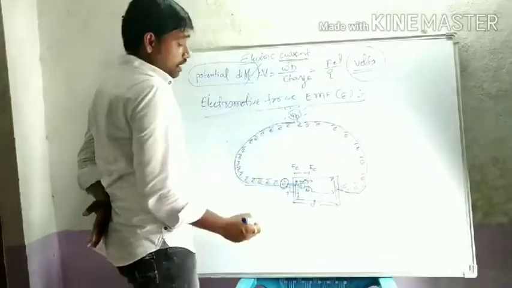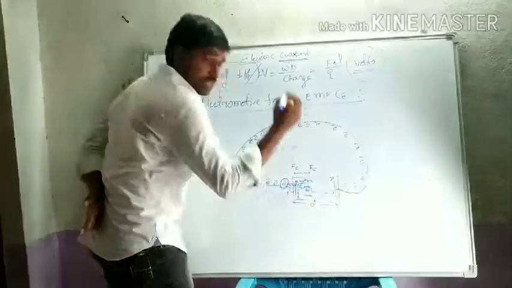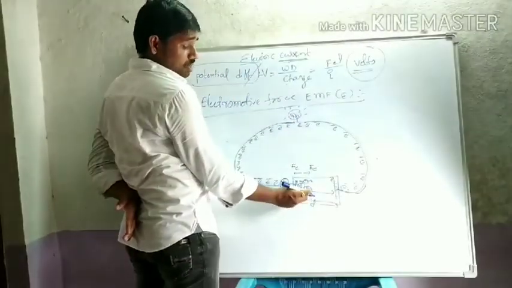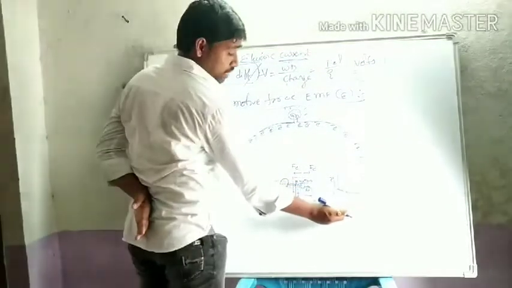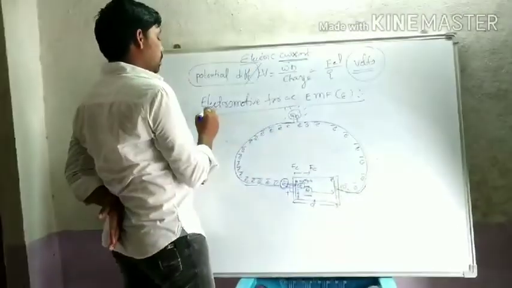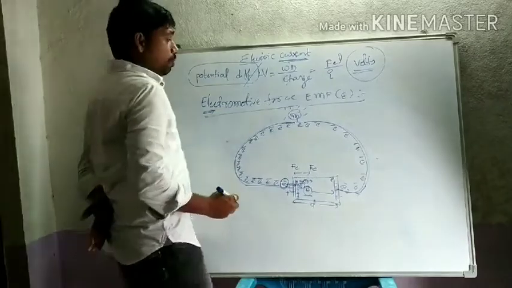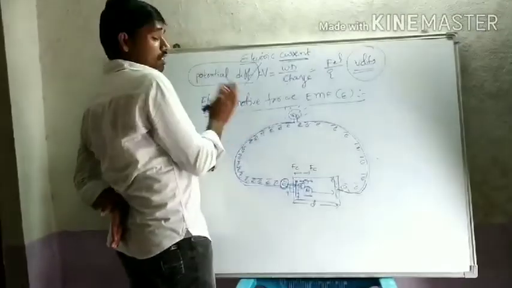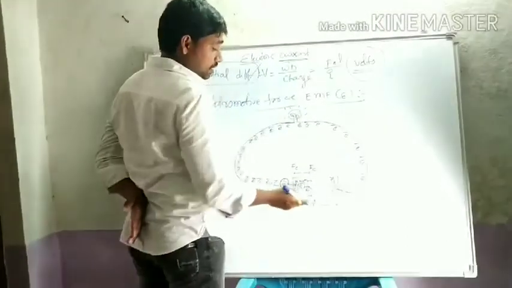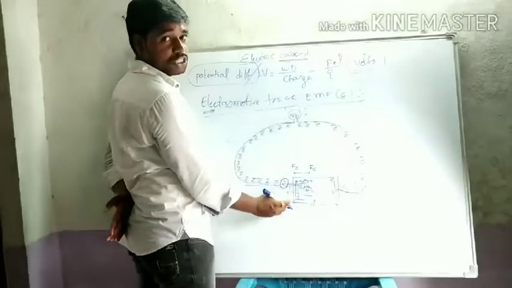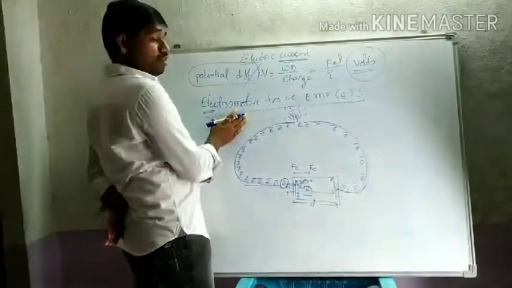And here the chemical force does some work to move a negative charge from the positive terminal to the negative terminal, which is called electromotive force. So the general definition of electromotive force can be stated like this: moving a unit positive charge from the negative terminal to the positive terminal is called electromotive force.